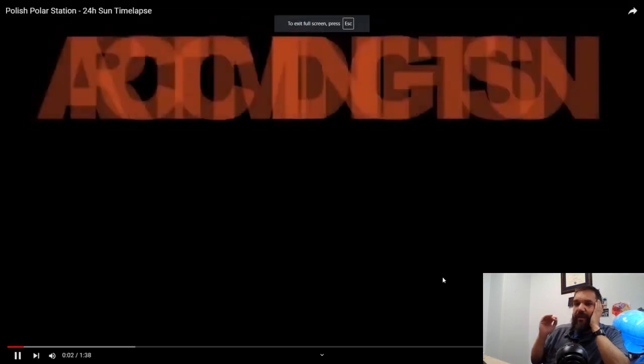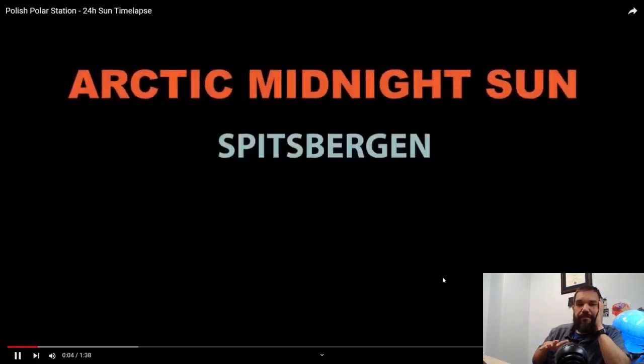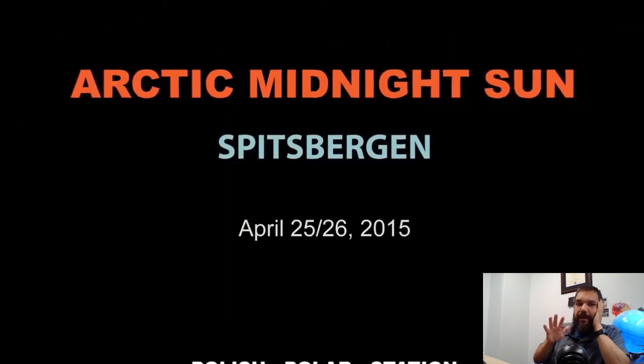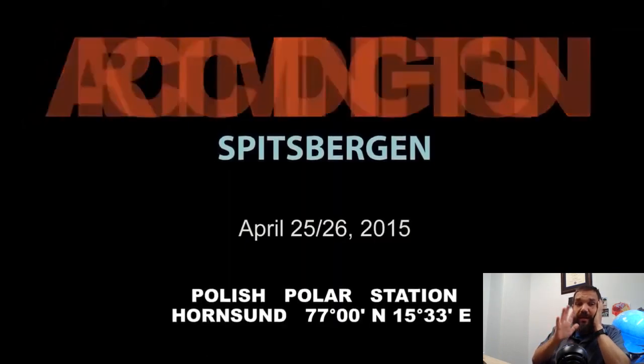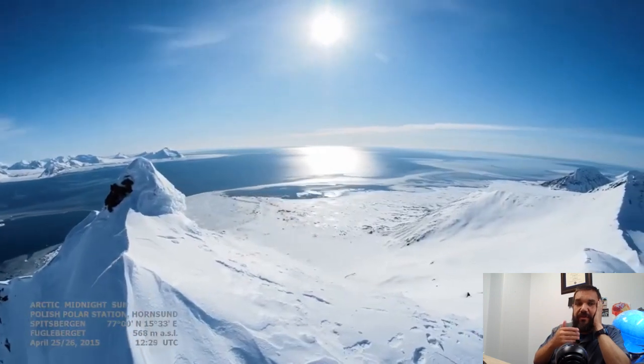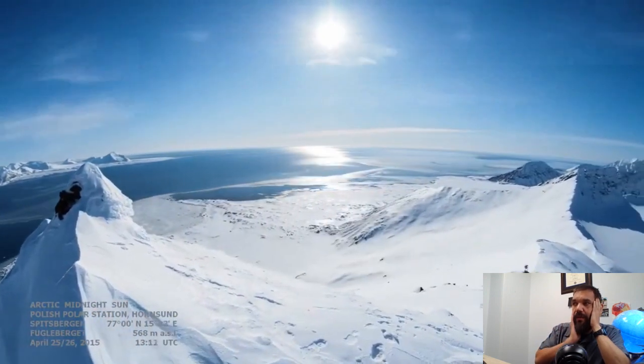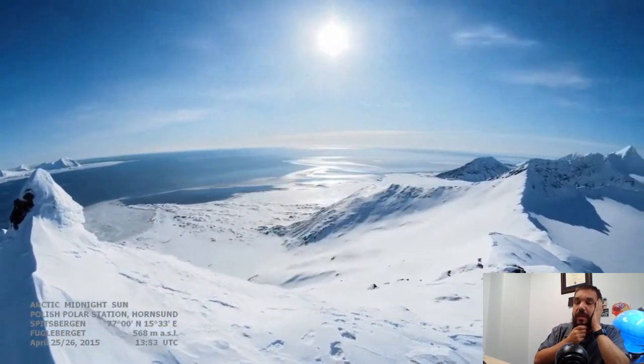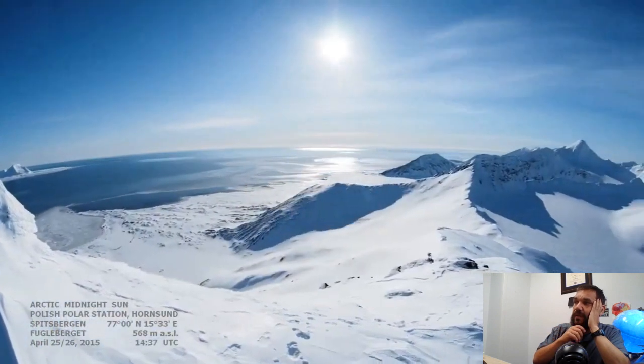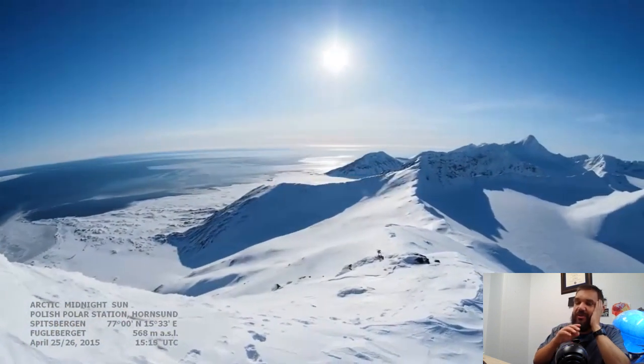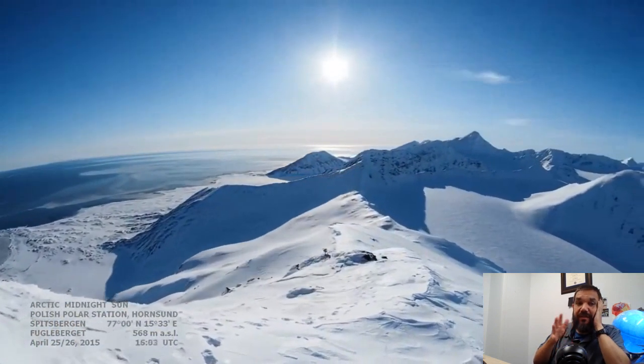Whenever you're within the Arctic or Antarctic Circle, you're going to have a situation where the sun either doesn't come up all day or doesn't go down all day. Notice this is at 77 degrees north, in the Arctic Research Station in Poland. The sun is going down, this is during the summertime.